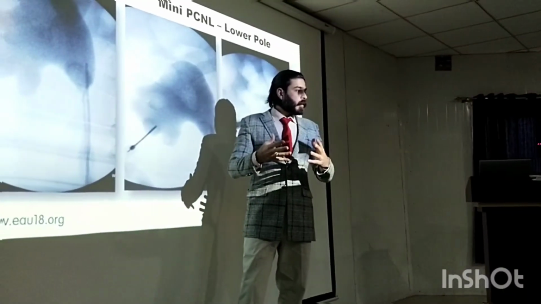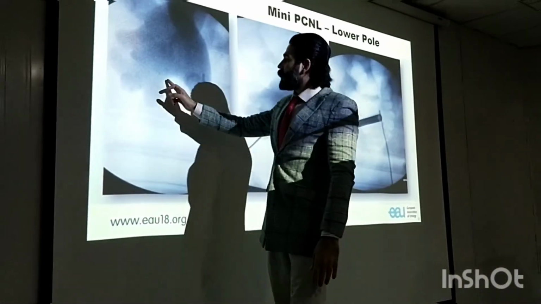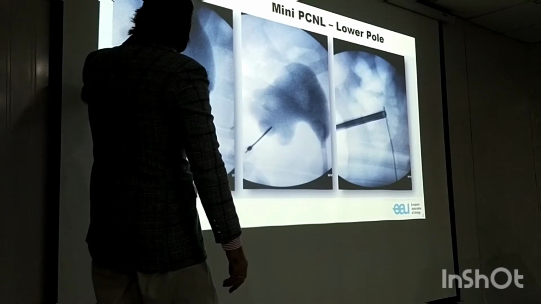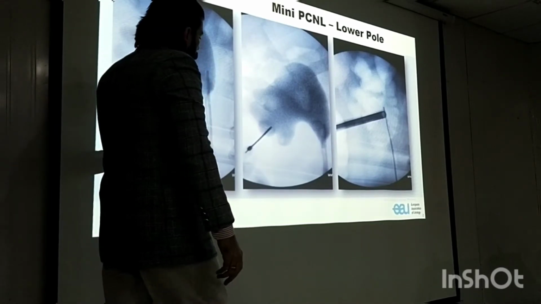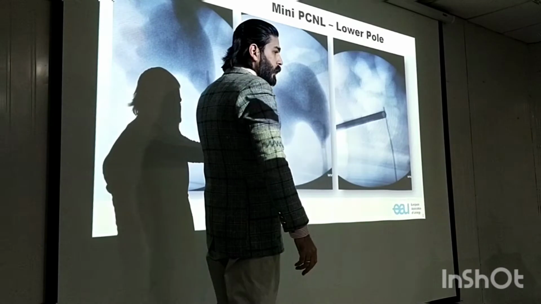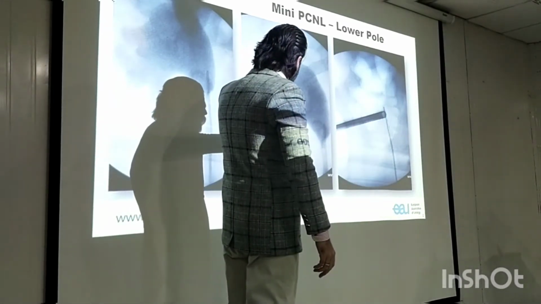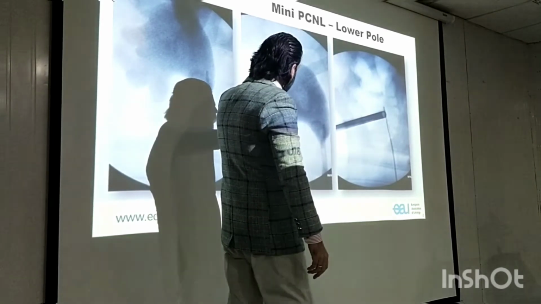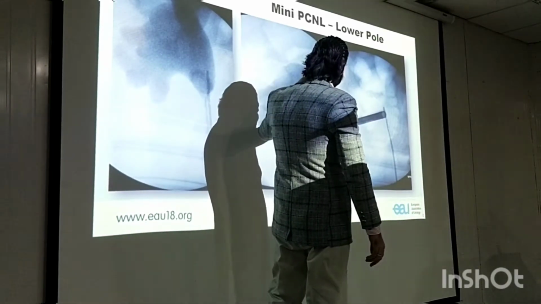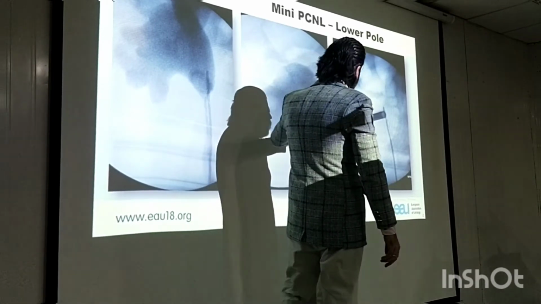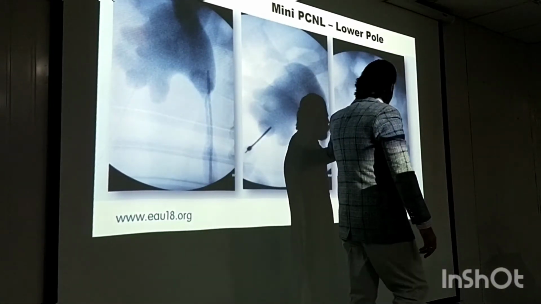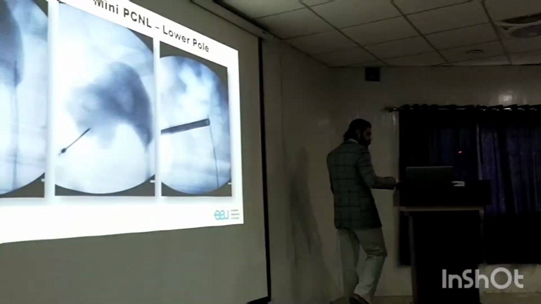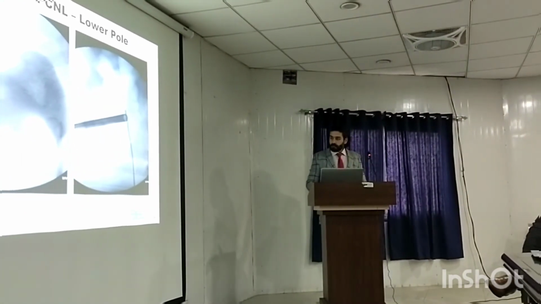Like this one is the lower pole calicial system, and this is the mid pole calicial system. We approach the most lateral calyx. This one is the sheath inside the calicial system, and this part is the stone basically. And this is the final picture after PCNL. There was no shadowing, only the ureteric catheter and the sheath of the PCNL inside the calicial system.